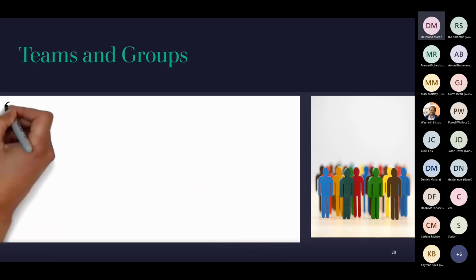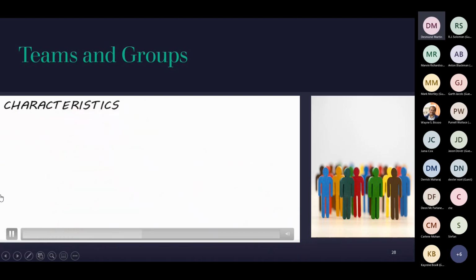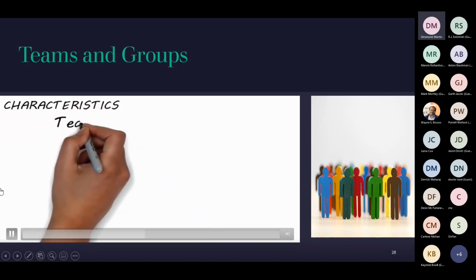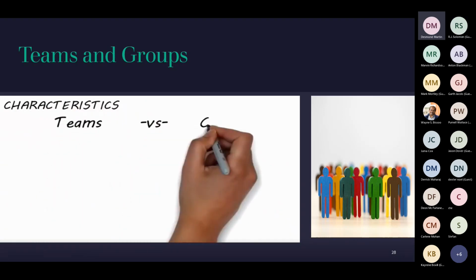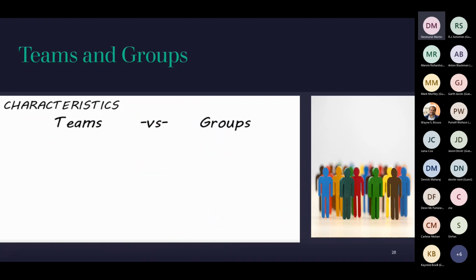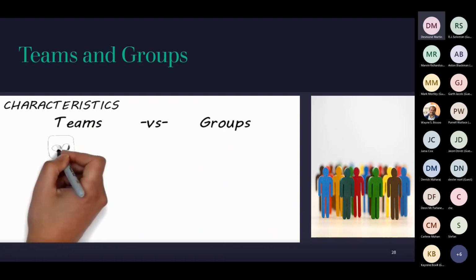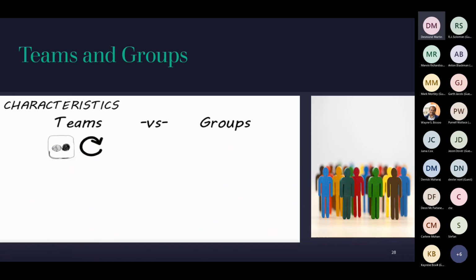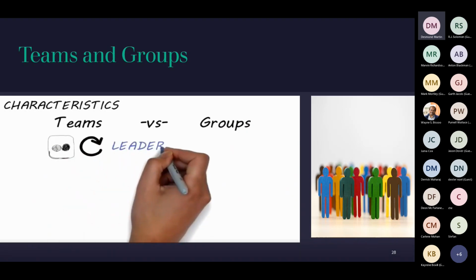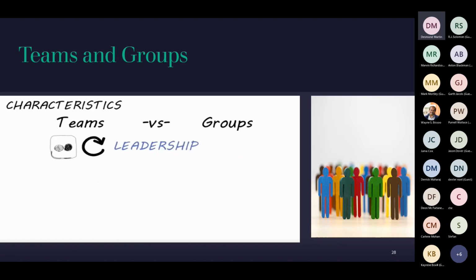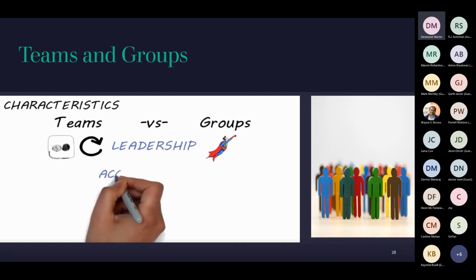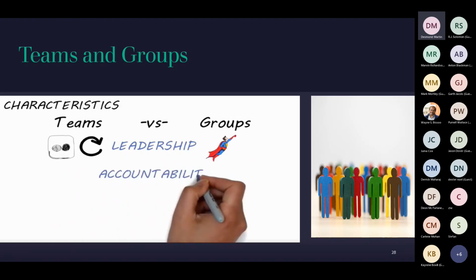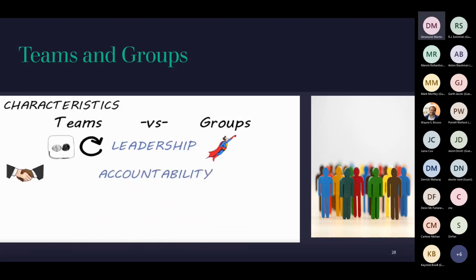Let's delve a little deeper and contrast the characteristics of teams and groups. Teams share or rotate leadership roles, whereas a group has a designated strong leader. Teams possess accountability mutually as a team and as individuals.